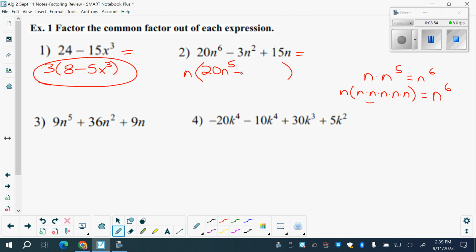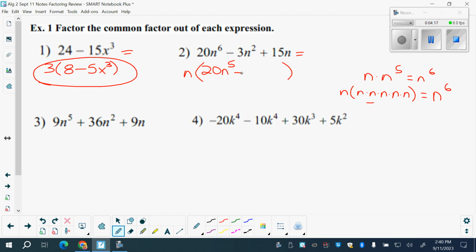So now the next one, quiet please. We want to look at n times what gives us negative 3n squared? Anais knows. Yes, Hayden.